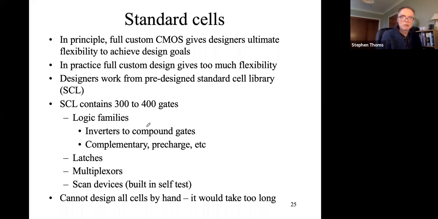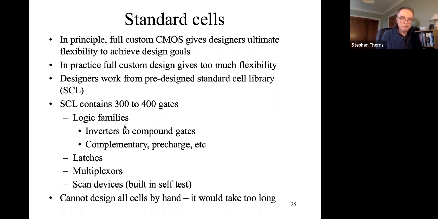So typically, you're going to be doing this work from a pre-designed standard library of cells, standard cell library, SCL, which typically contains several hundred gates. And that's just about everything you can imagine. So it will have simple things like inverters. It would have more complicated gates for different logic functions.